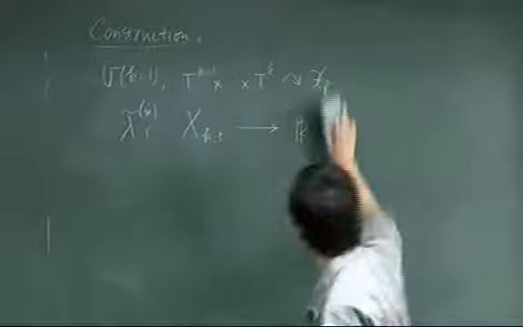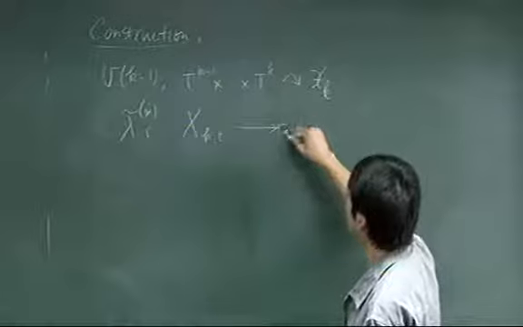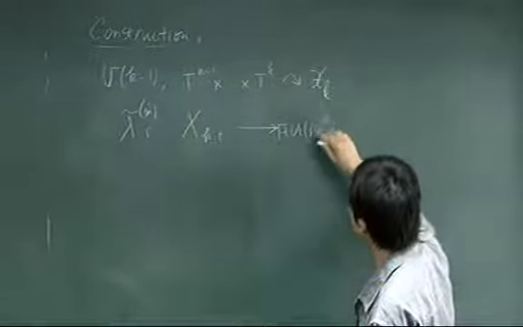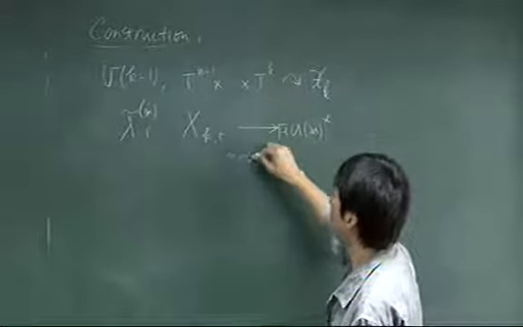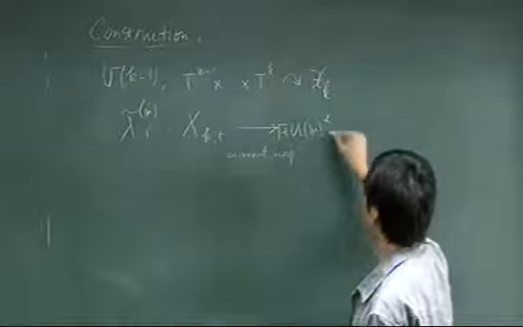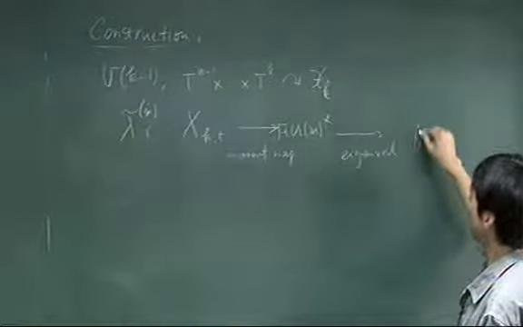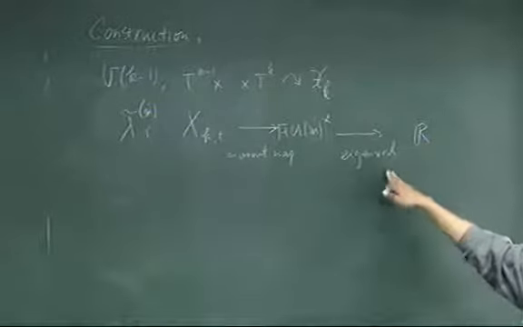I'm sorry, maybe just consider the moment map. For U(k-1), take its eigenvalues, and we get a function. This is just an extension of the Gelfand-Cetlin system.